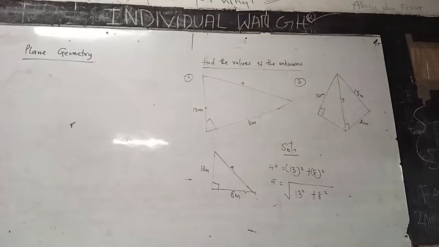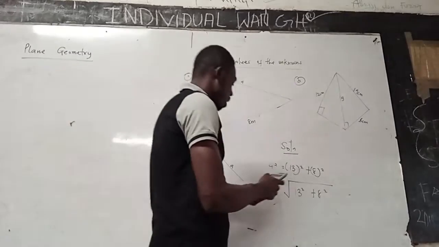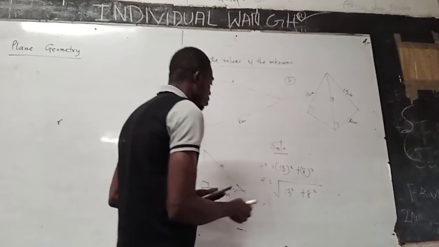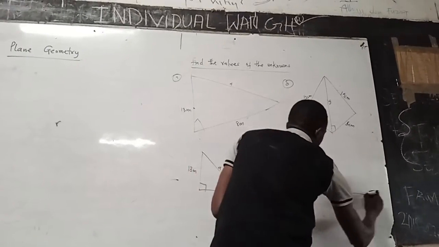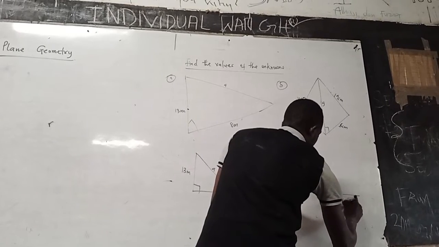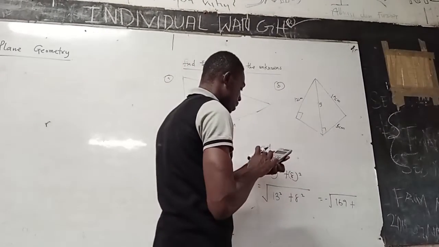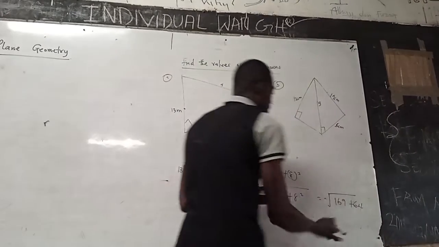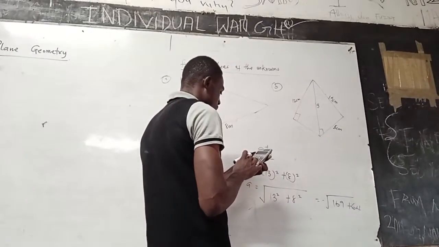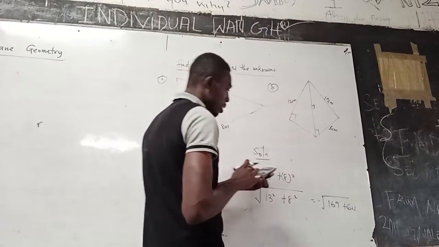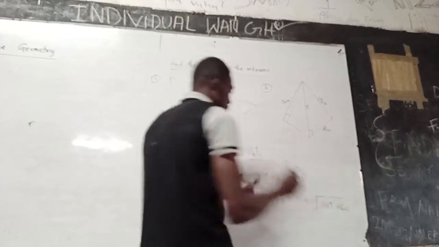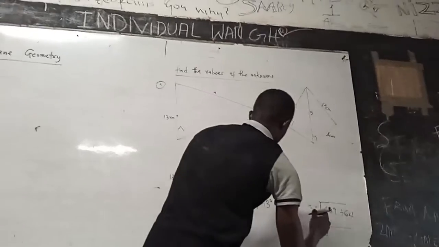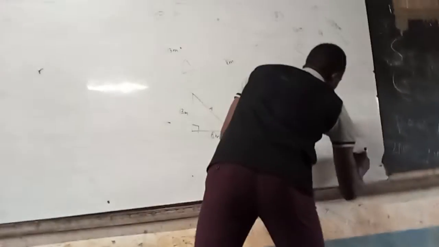So let's try and solve this one. 13 squared is equal to 169, plus 8 squared. 8 squared is 64. When you find the sum, 169 plus 64, you are going to get 233.